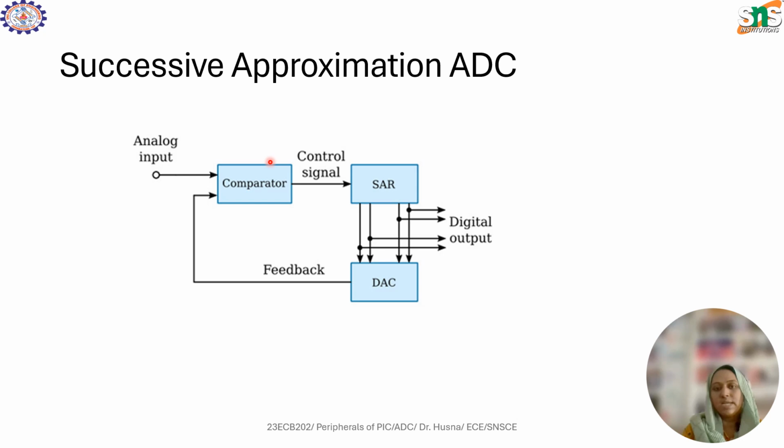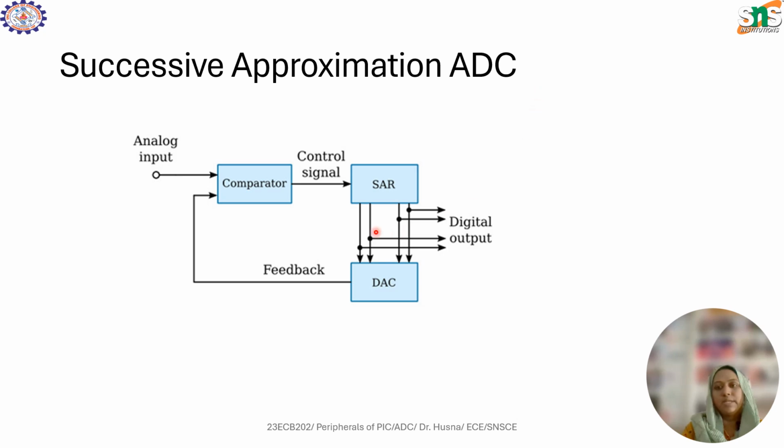Then the SAR sets the next bit for the comparator, which again determines the new feedback voltage and whether it is larger than the input signal. Depending on the result of the comparison, the process continues until the LSB is reached.